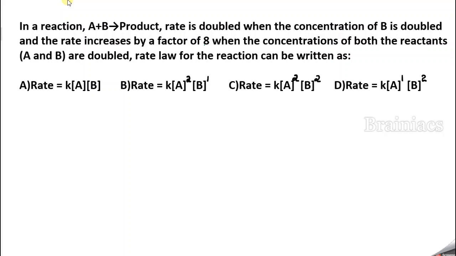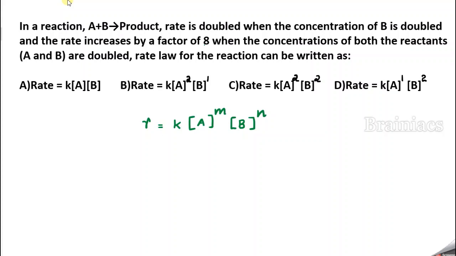So the idea here is, first we will try to assume a rate law. We say rate law R is equal to rate constant K, and the first reactant is A, and we don't know the order, so we assume it as M, and the next reactant is B, and we assume its order as N. Now we need to identify this expression.